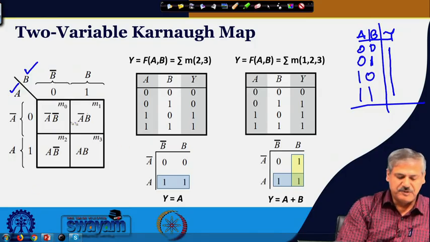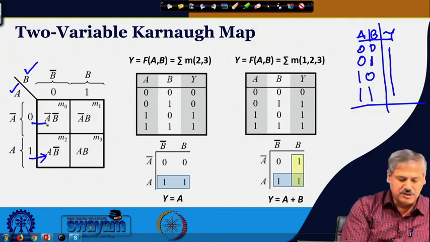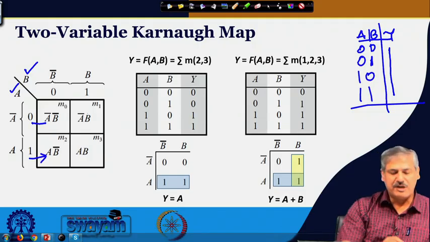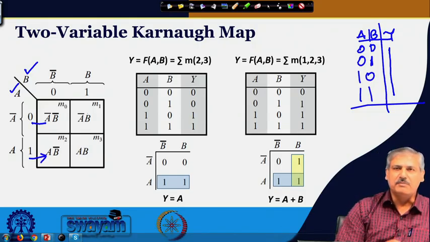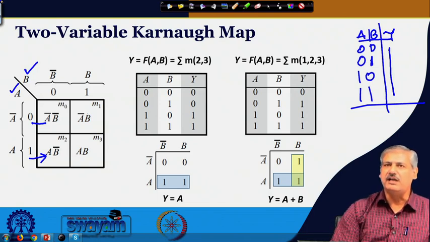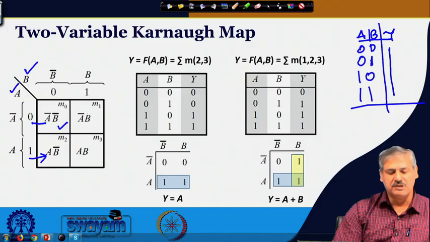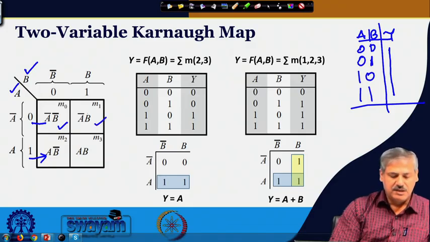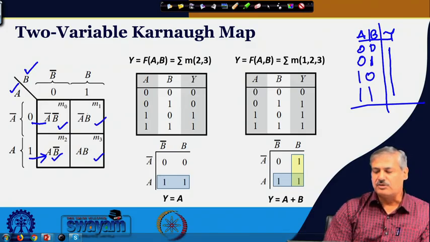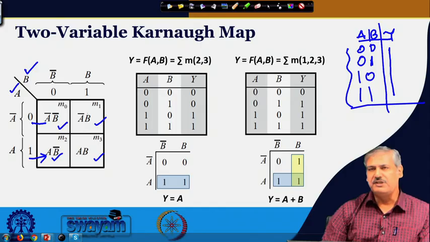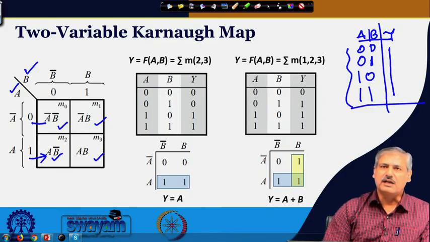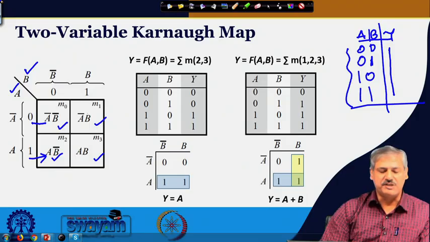And this row represents A remaining 0, this row represents A remaining 1. So, at the cross point you have a specific combination of A and B. So, this place is a combination of 0 0, this is 0 1, this is 1 0 and this is 1 1. So, all the four things that you see in the truth table are represented in the Karnaugh map in their respective location.